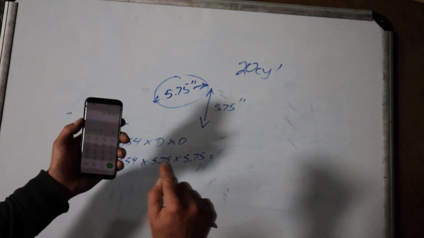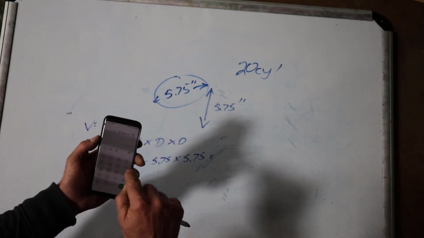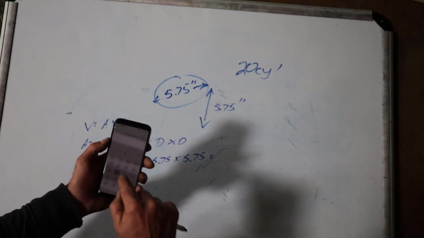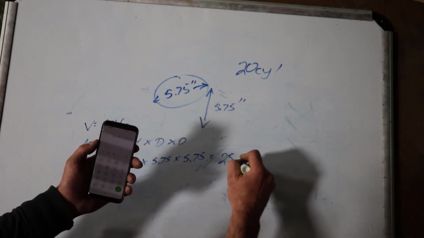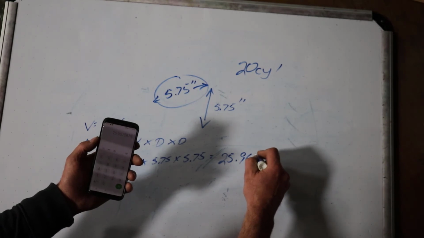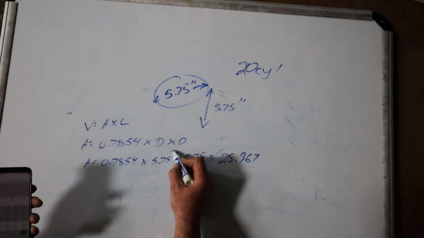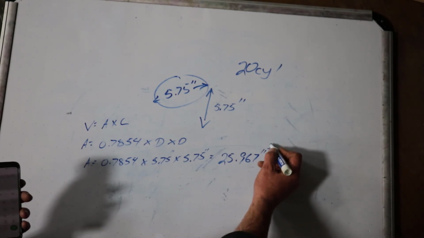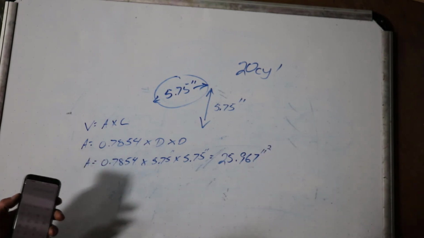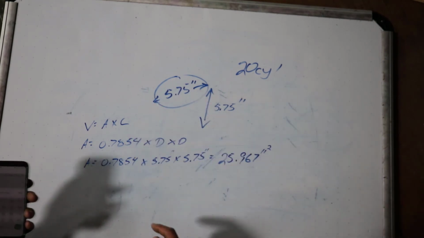So 0.7854 times 5.75 times 5.75. That gives me 25.967. This happens to be inches times inches, so inches times inches equals inches squared. Now we know the area of the top of the piston.